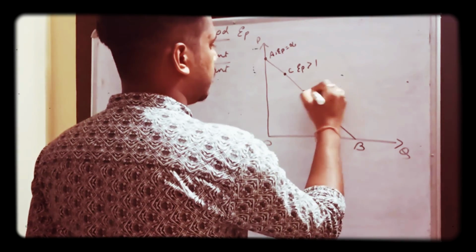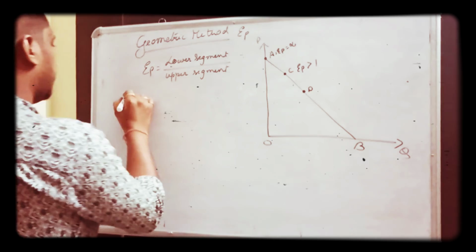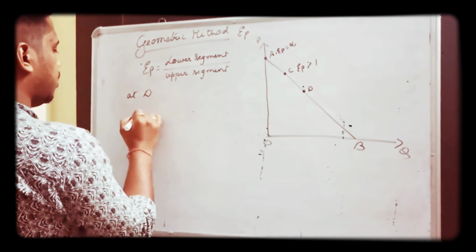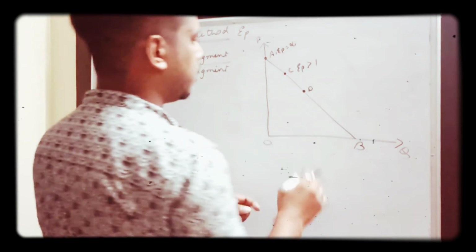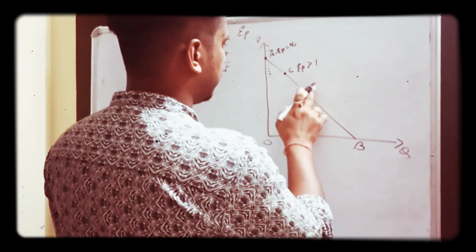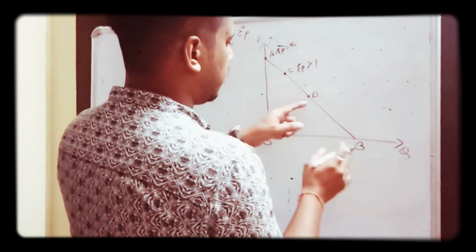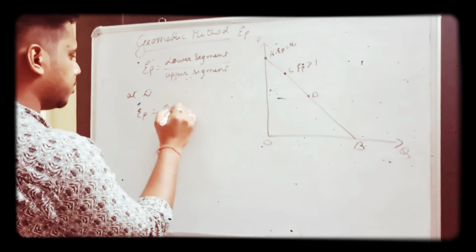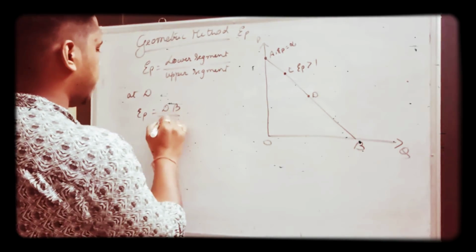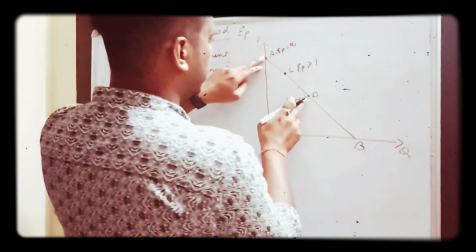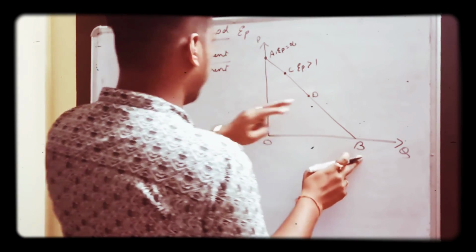Now let us consider this point D. At D, EP equals, what is the lower segment? Let us bring D over it below. The lower segment is DB, and the upper segment is AD.